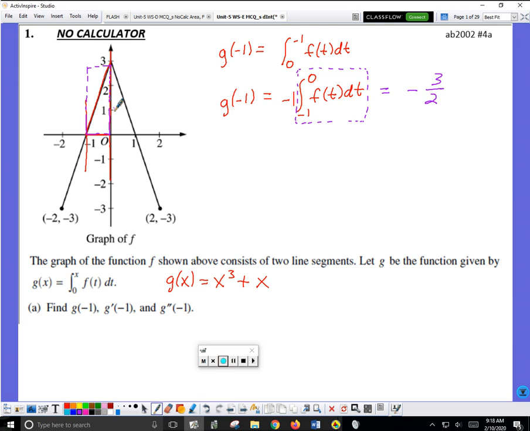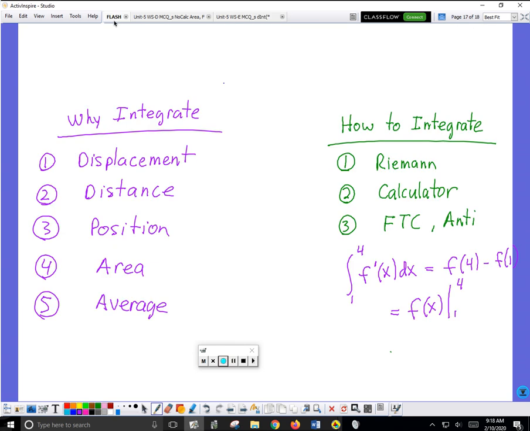Cool. I would add this one to your flashcards. So we've talked about how they're going to test you on 3 different ways to find an integral: Riemann sum, calculator, and then we've been practicing the fundamental theorem and antiderivative method. A new method today.